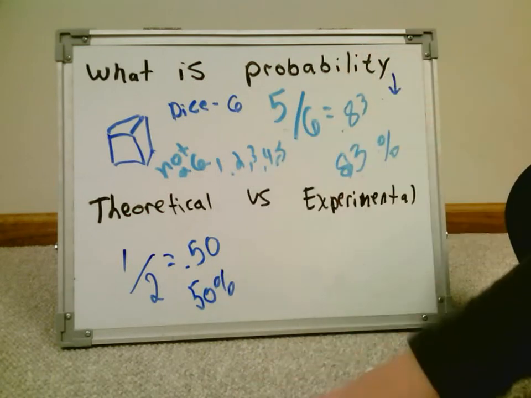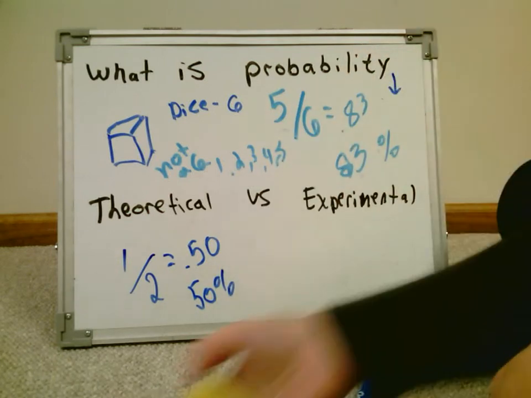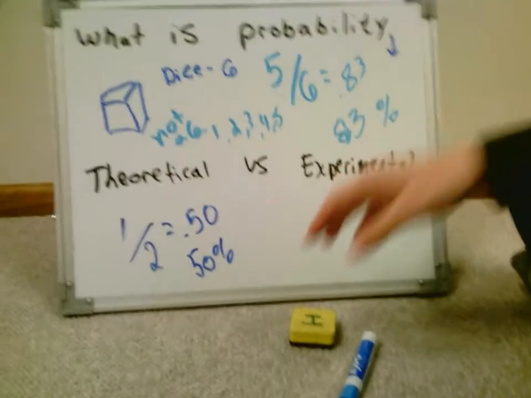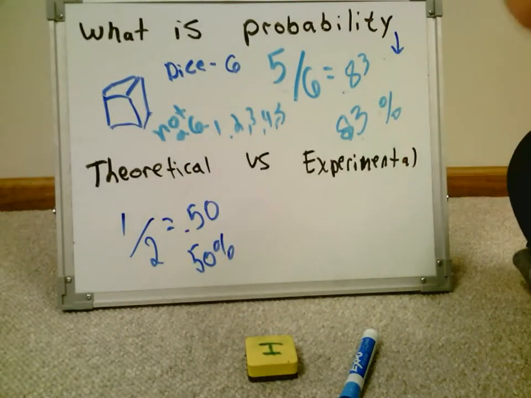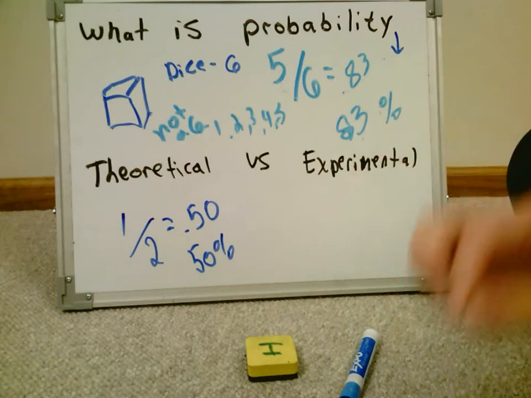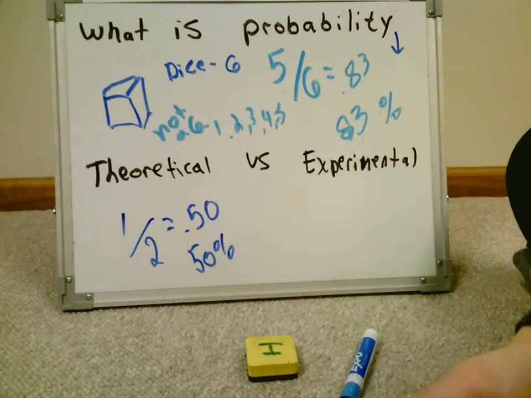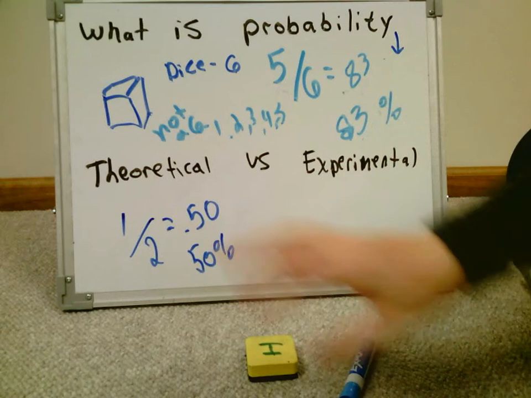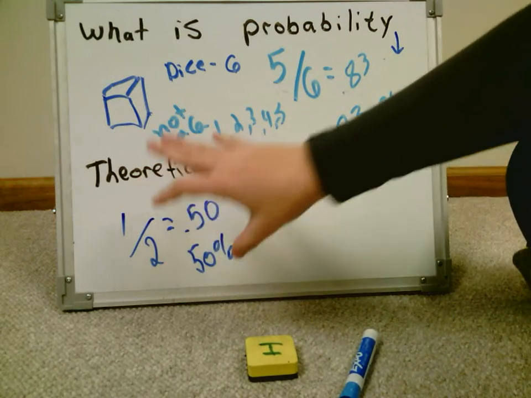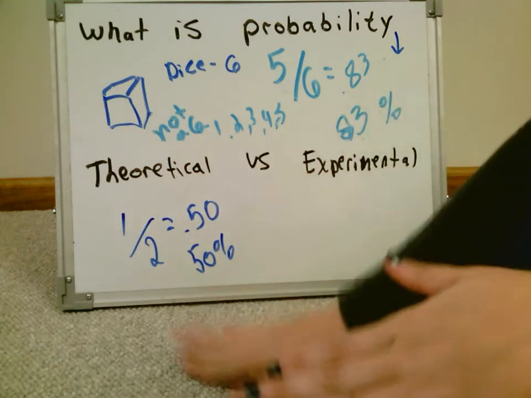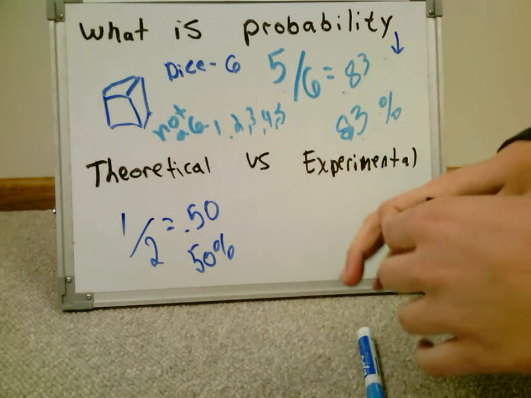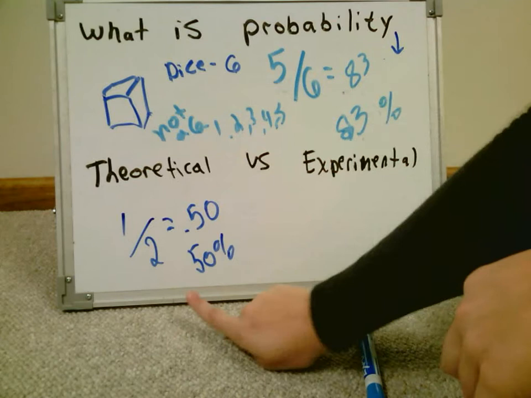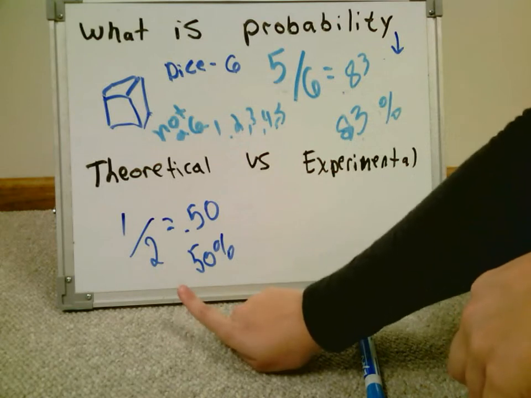If I were to flip this coin multiple times, and I just kept flipping it, 50% of the time, I should expect to get a heads. Because theoretical means that without actually doing the experiment, without actually flipping this coin hundreds and thousands of times, I expect 50% of the time.